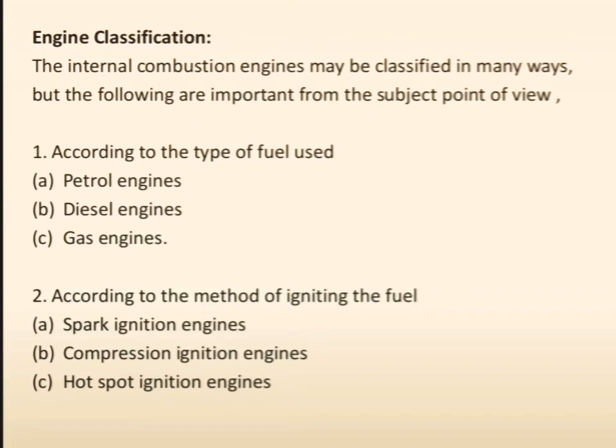In compression ignition engines, the ignition of fuel happens with the help of compression only. In hot spot ignition engines, a hot bulb is used, that is, a red hot metal surface inside a bulb, followed by the introduction of air, that is oxygen, compressed into the hot bulb chamber by the rising piston.